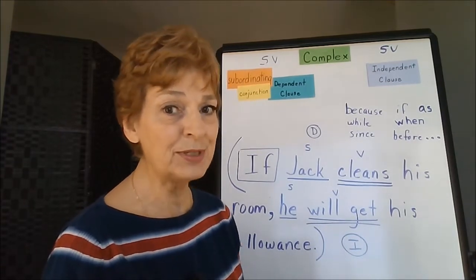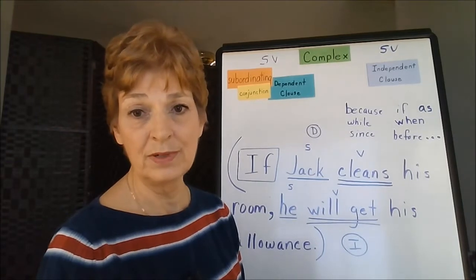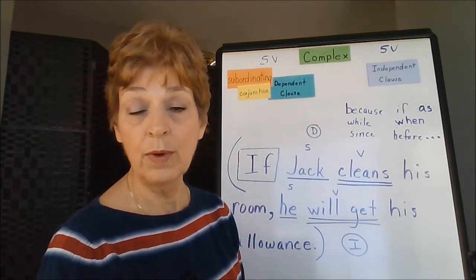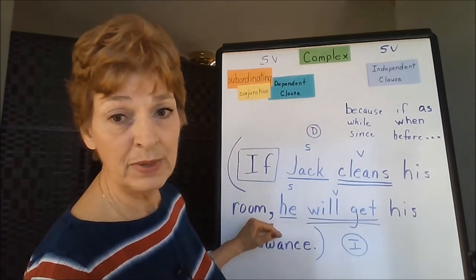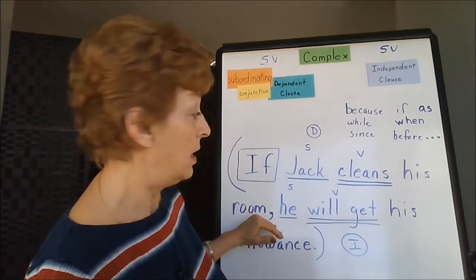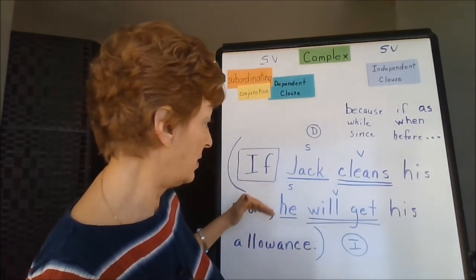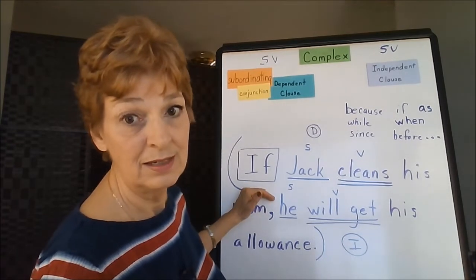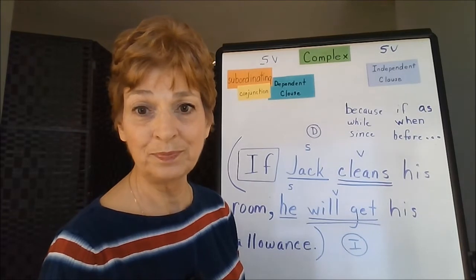But it's possible to switch the clauses. If Jack cleans his room, he will get his allowance. When that happens, the dependent clause needs to be singled out here so the reader knows that this is the condition that is set up for him to get his allowance.